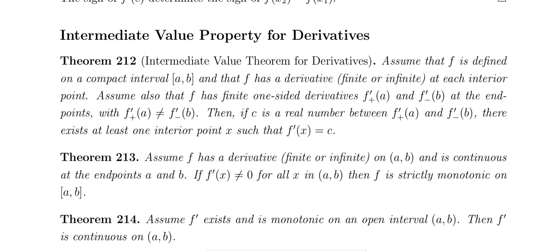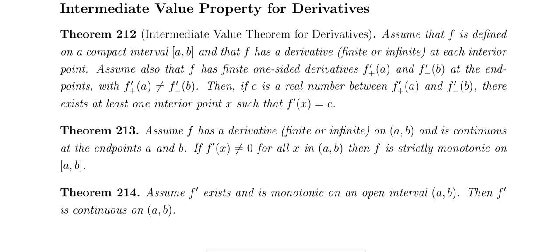This is the intermediate value property for the derivative. The function is defined on a closed and bounded interval [a, b], that is called the compact interval. And f has a derivative, finite or infinite, at each interior point. Assume also that f has finite one-sided derivatives, f'(a+) and f'(b-), that is the right hand limit at a and the left hand limit at b, at the endpoints, and both are not equal.